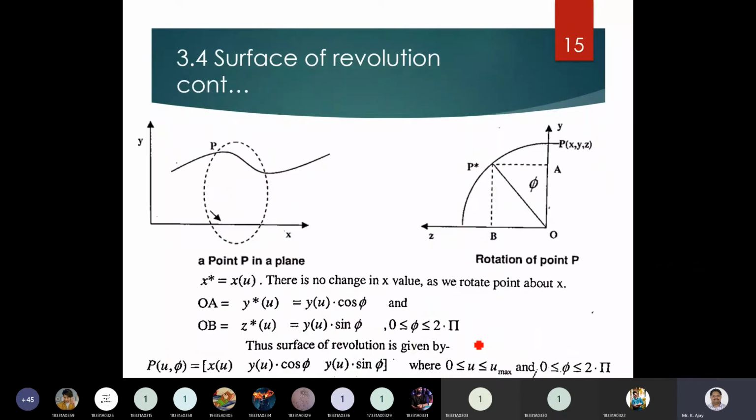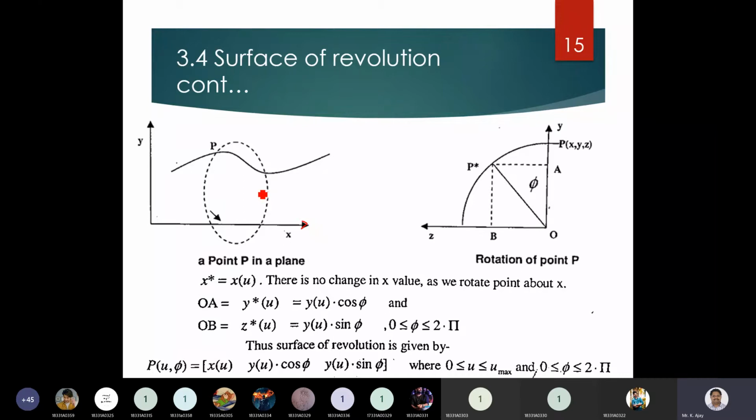As an example, what this picture is showing is that here he is taking a curve which is lying in the xy plane, and he is trying to rotate this curve about the x-axis.